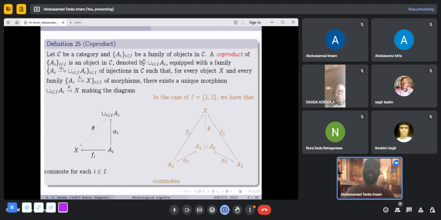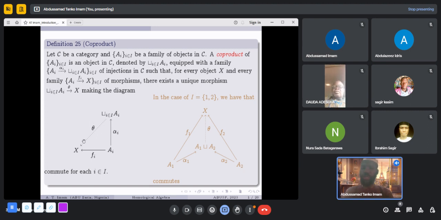So we denote it by coproduct. And then the requirement is that these are alpha_i, not pi. Initially, in the definition of product, they were pi_i, projections. Now we are using alpha_i, they are injections. These injections are to satisfy the property that when you reverse the arrows, this diagram is commutative.